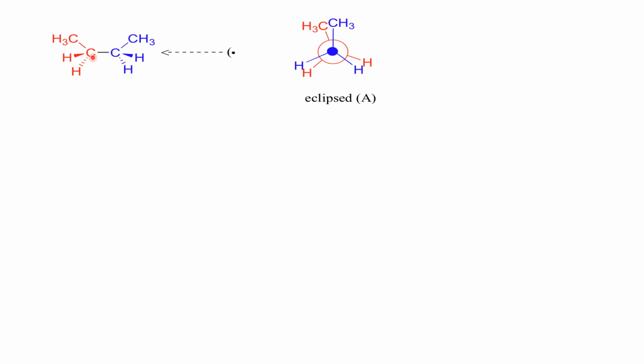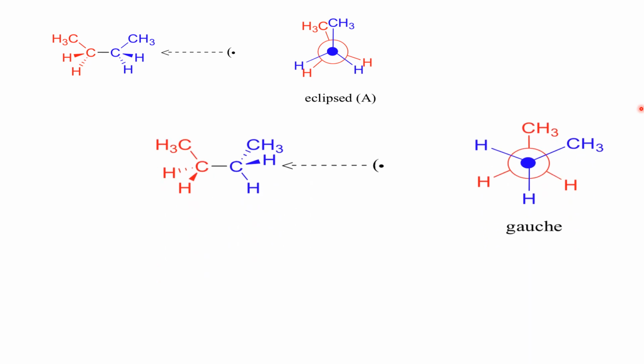That means this is the second and third carbon atom. So this is the fully eclipsed form. See, the blue color represents this carbon atom and the red color represents the back carbon atom. So this is fully eclipsed.